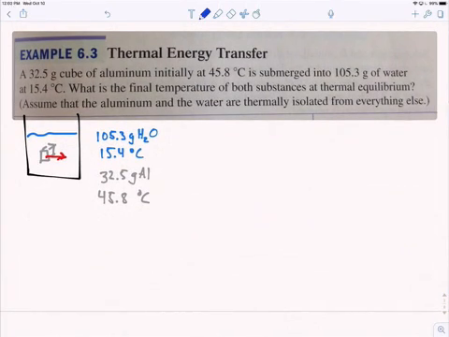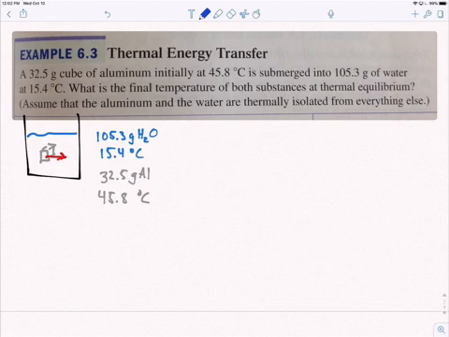In this problem, we have a 32.5 gram cube of aluminum at 45.8 degrees Celsius submerged into 105.3 grams of water at 15.4 degrees Celsius. What is the final temperature of both substances at thermal equilibrium? Assume that there's no heat transfer other than between the aluminum and the water.